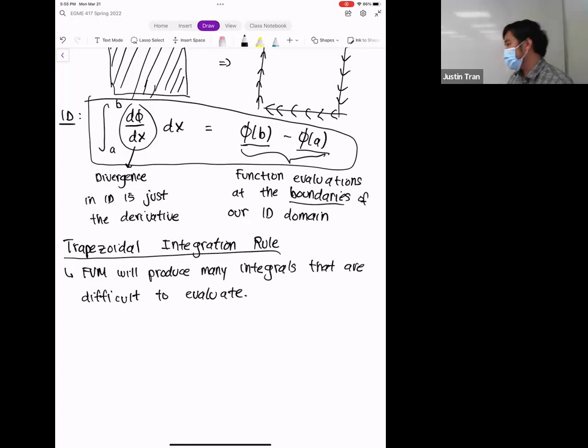And by evaluate, what I mean is, you take the antiderivative and then you plug in the function and everything like that. We're still going to come up with integrals that are hard to do. And so the idea with trapezoidal rule is to approximate these integral values to make them a lot easier to evaluate.